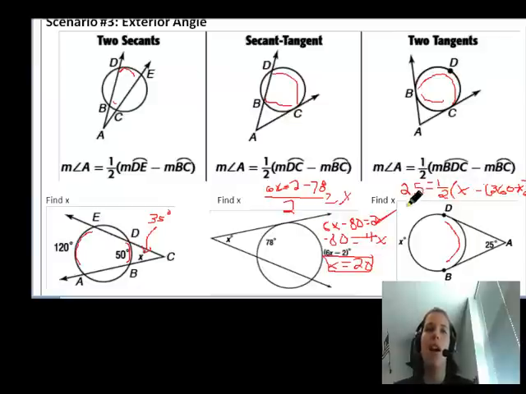So we wind up with 25 is equal to 1/2, and then in parentheses becomes 2x minus 360.